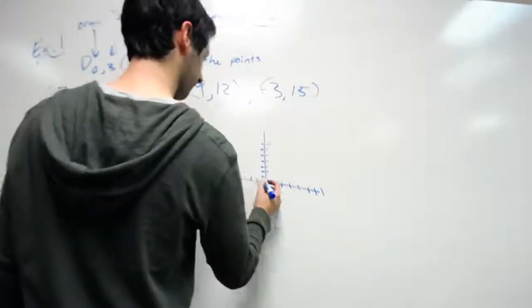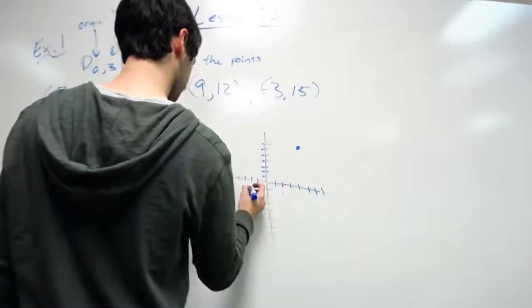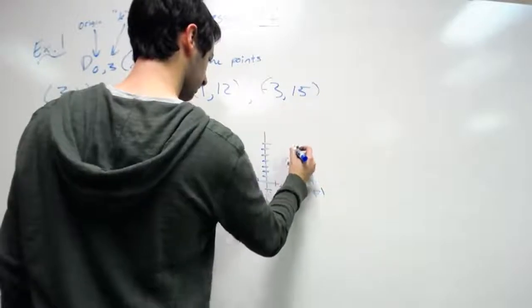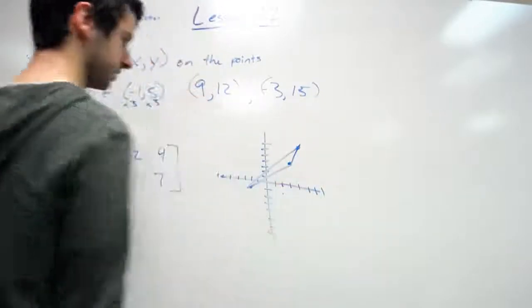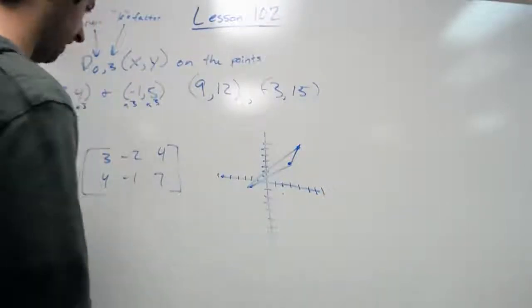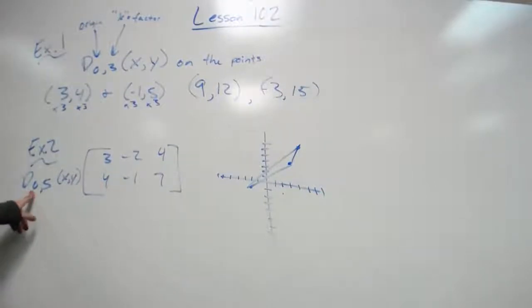So we got 4, 7, -2, -2, -1, 3, 4. So there's our shape. And it wants to dilate that shape by a scale factor of 5. So it wants to make it 5 times bigger. So it gives us a dilation centered at the origin, and it gives us a factor of 5.